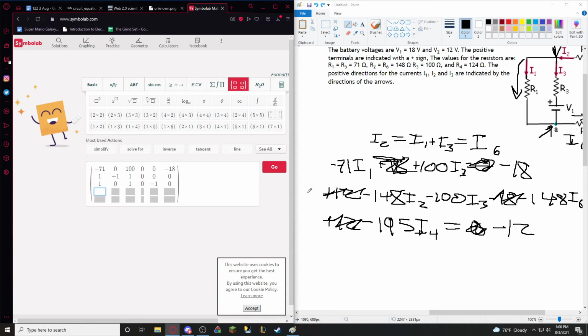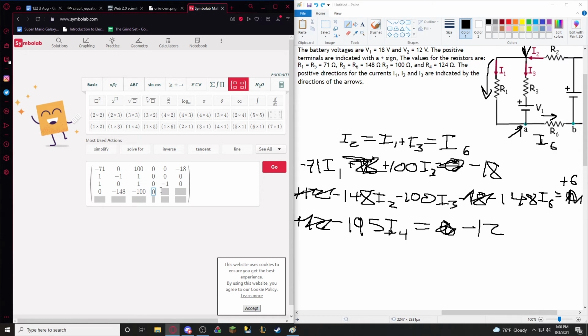And we have 0 I1, minus 148 I2, minus 100 I3, no I4s, minus 148 I6 is equal to 6. And then for the last one, 0, 0, 0, and it's negative 195 I4 is equal to negative 12.